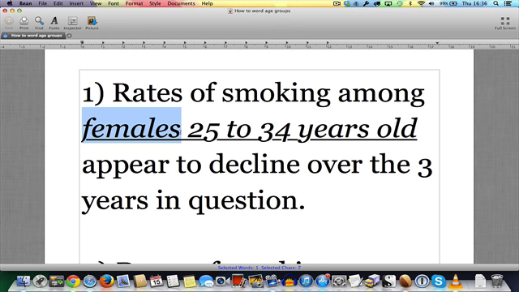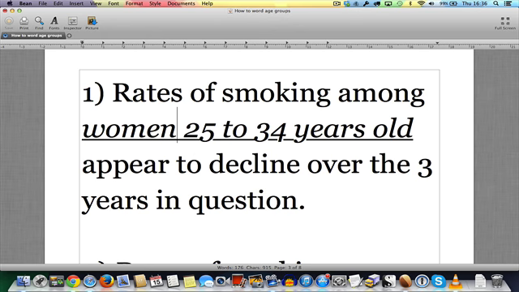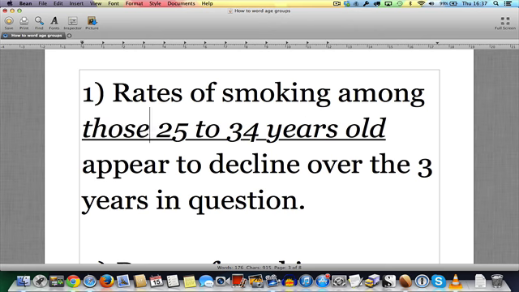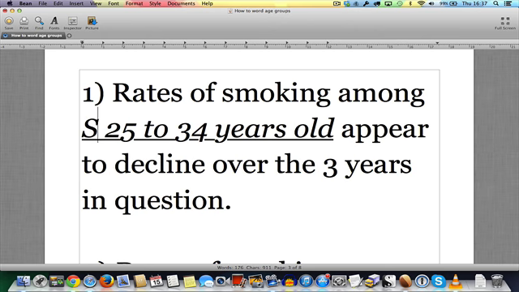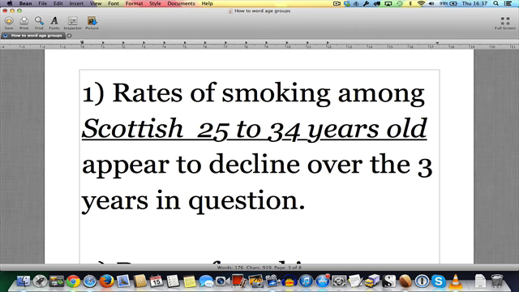So I could say rates of smoking among women 25 to 34 years old. Or if I had made reference to Scottish women perhaps in the sentence prior, I could say those, so rates of smoking among those 25 to 34 years old. And I could dress this up a little bit, so I could say Scottish females.